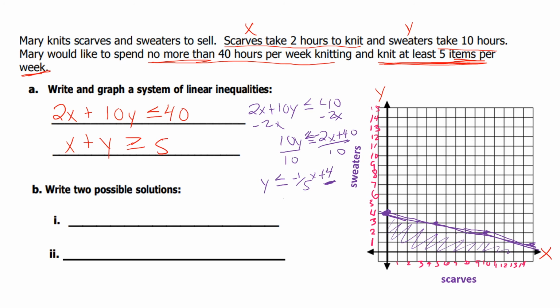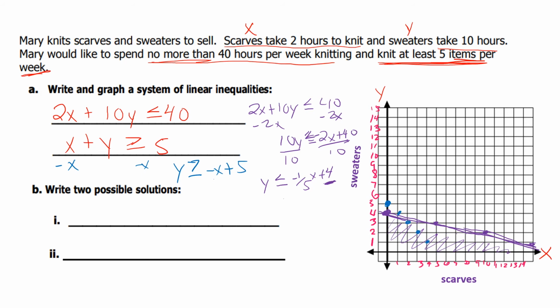All right, I'm going to change colors for my second graph. I want to solve this for y. So I'm subtracting x. So y is greater than or equal to negative x plus 5. So let's graph this. My y-intercept is 5. So I'm going to start at 5 on my y-axis. And my slope is negative 1. So I go down 1 to the right 1. I'm going to keep doing that.